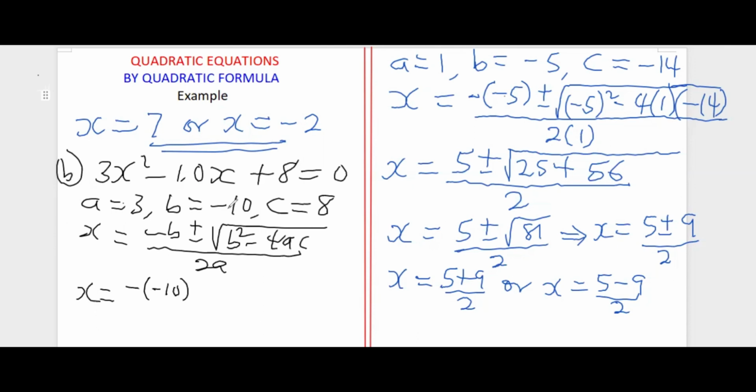That is minus negative 10 plus or minus the square root of negative 10 squared minus 4 times a, which is 3, times c, 8. Everything over 2a, 2 times 3.